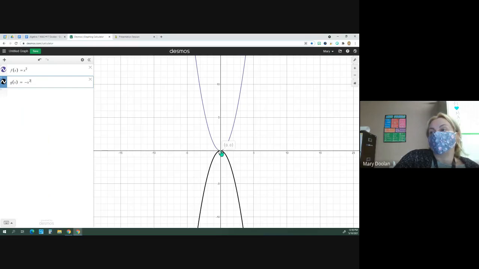How are they alike? How are they different? They both have the same vertex. That's a similarity. They're both parabolas. That's a similarity. They're neither stretched nor compressed. They're the same width. Okay.